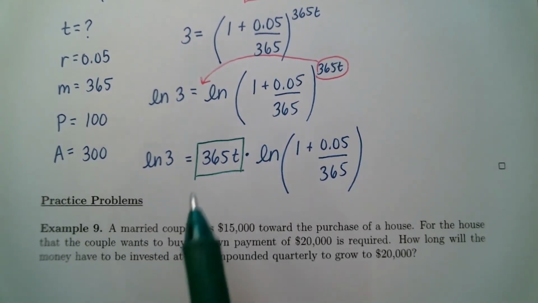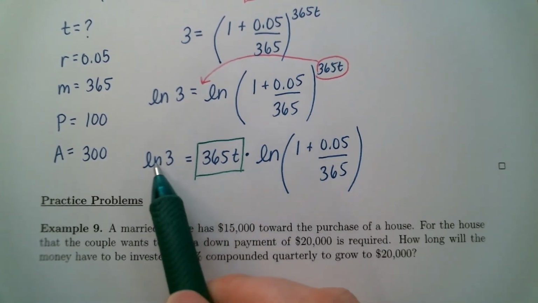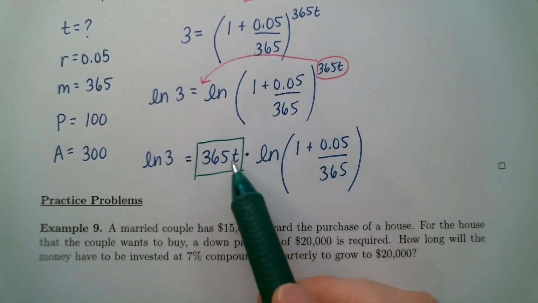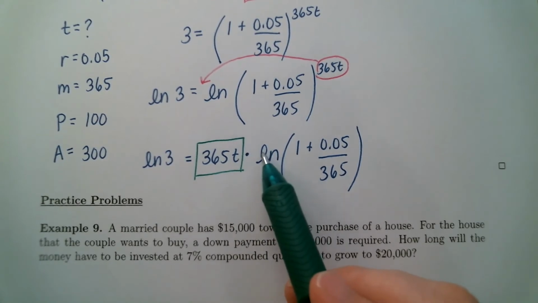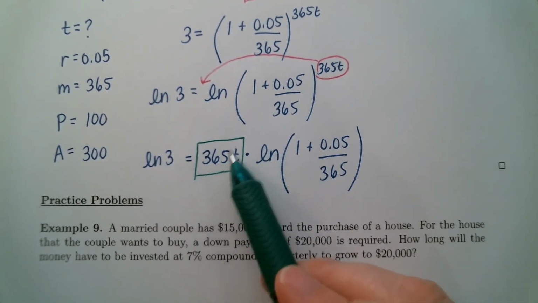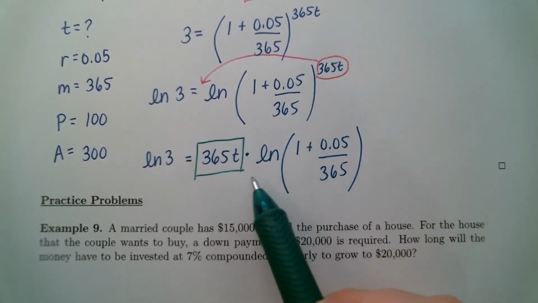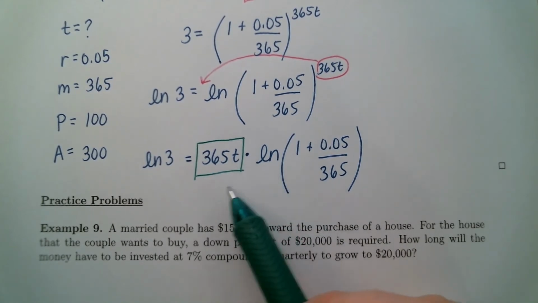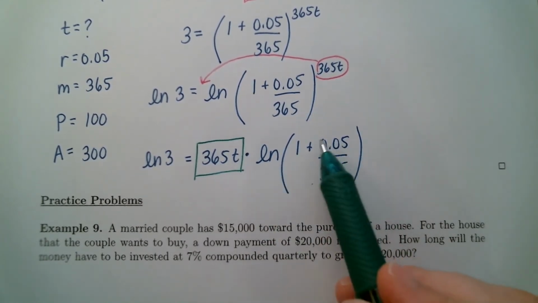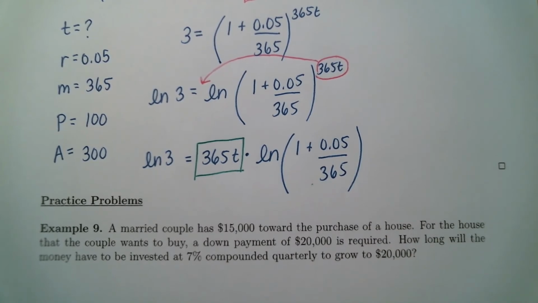So you're solving for this thing in the box. This is just a number. This is just a number. You want this guy isolated. So since you're multiplying this by this, you're going to have to divide. The opposite of multiplying is dividing. You're going to have to divide off this logarithm. Whatever you do to one side, you're going to have to do to the other.